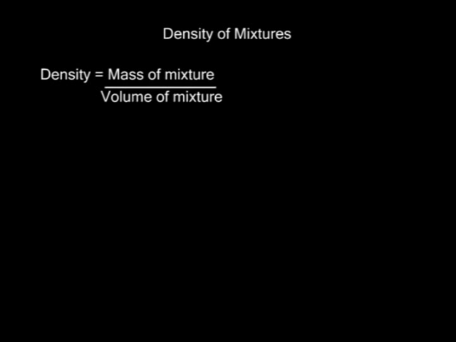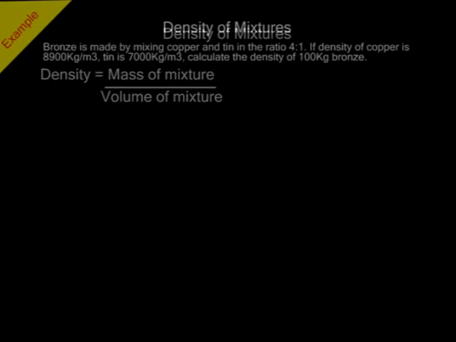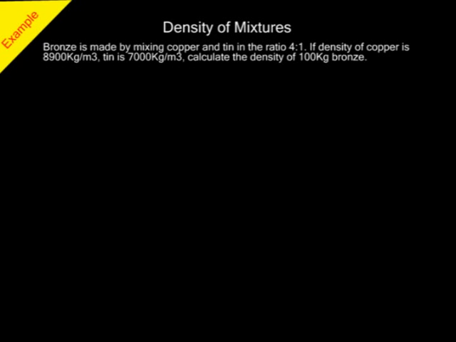Let's take an example. Bronze is made by mixing copper and tin in the ratio 4:1. If the density of copper is 8,900 kilograms per meter cubed and that of tin is 7,000 kilograms per meter cubed, calculate the density of 100 kilograms of bronze.